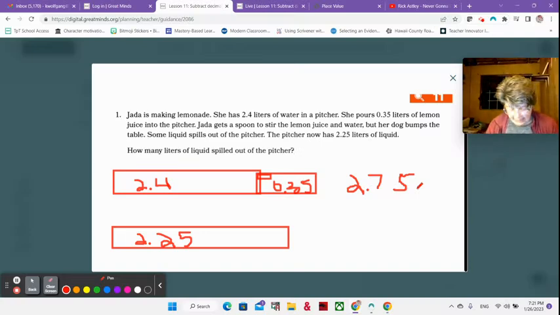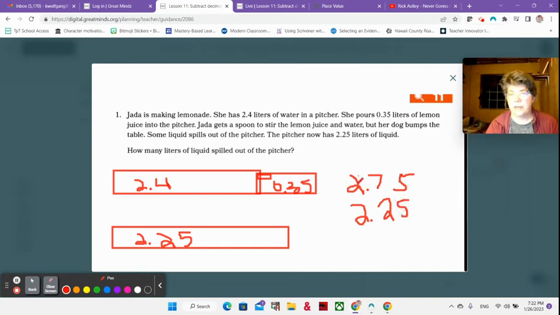Okay, and think about the difference there. Okay, so if you have 2 and 75 hundredths minus 2 and 25 hundredths, maybe you noticed 2 minus 2, right? So I'm just going to write the numbers here, but you already wrote the unit form.